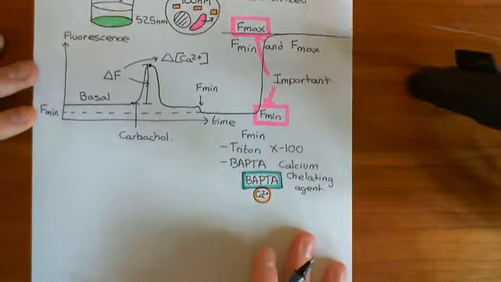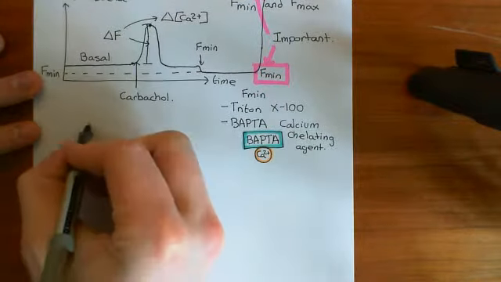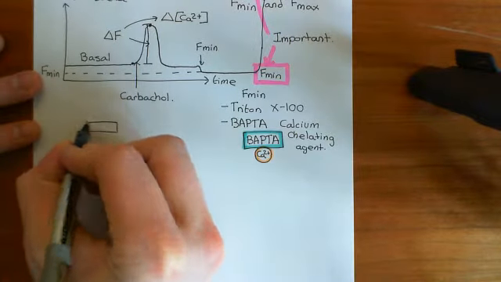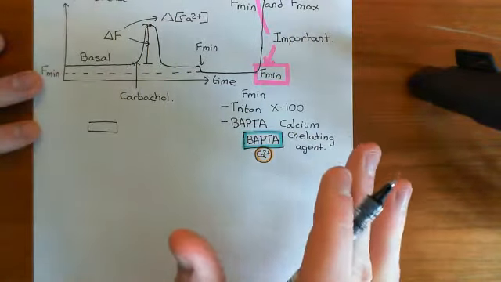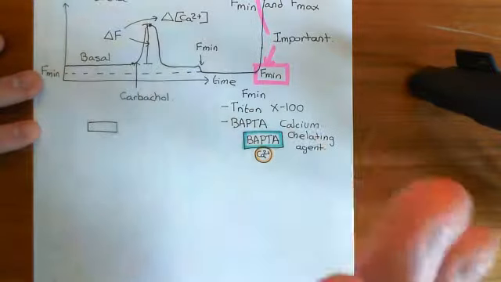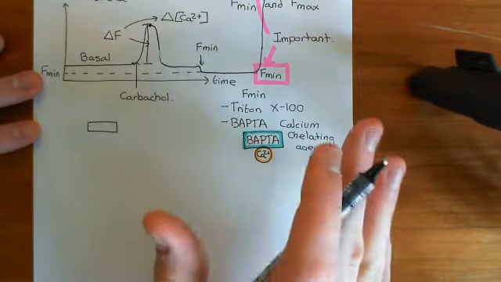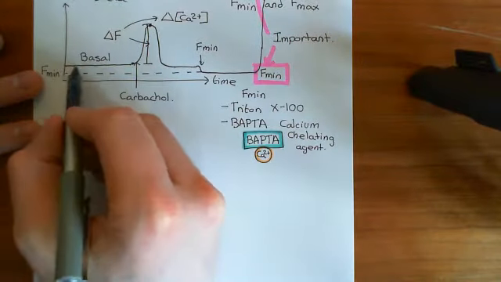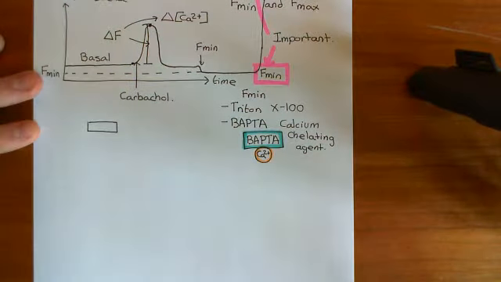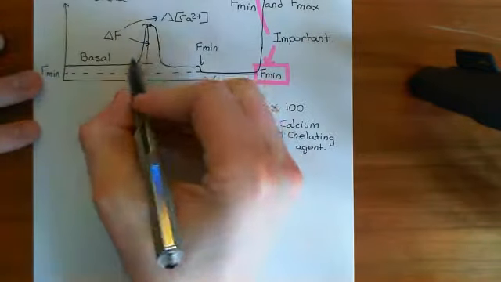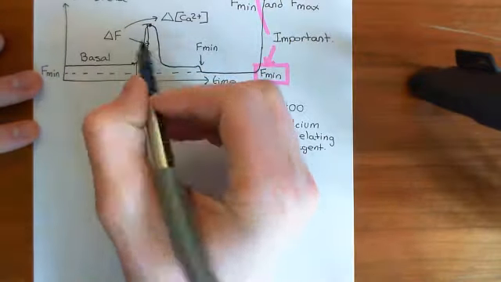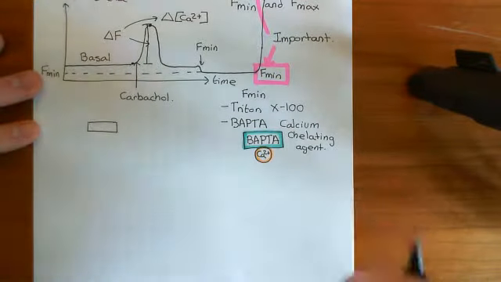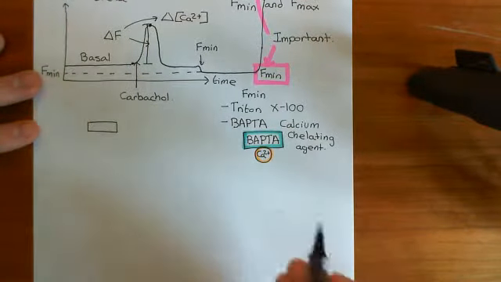We'll assume that all of the cells roughly have the same number of Fluo-4 molecules in them, and that the concentrations of calcium in all of the cells at each point of this curve are roughly the same, i.e. they all start off with the same cytoplasmic calcium concentration, and in response to the carbachol, the calcium concentration rises by the same amount. That obviously is not going to be true, but on average it will be true.